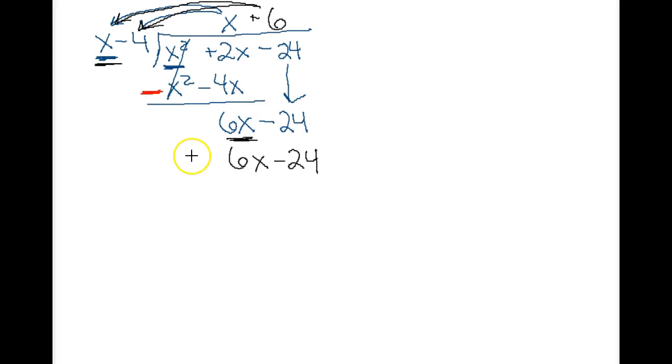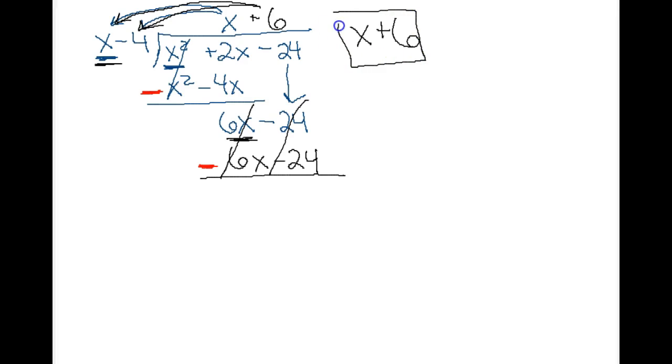Remember, this whole thing is subtraction. 6x minus 6x cancels out. Negative 24 minus a negative, that becomes a positive. So negative 24 plus 24 also cancels out. So this was a nice, clean problem in that our final answer is x plus 6.